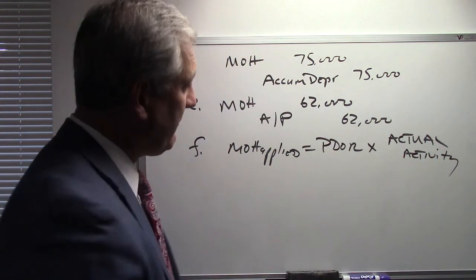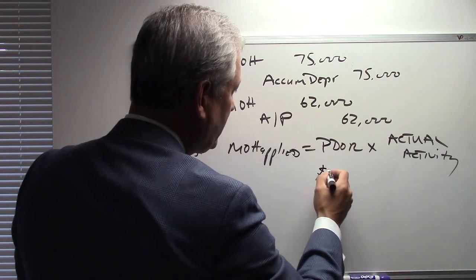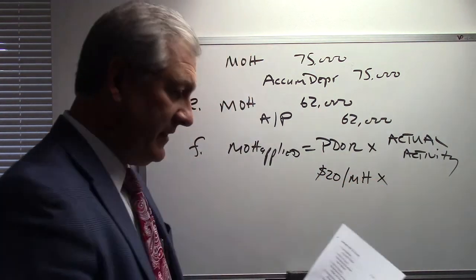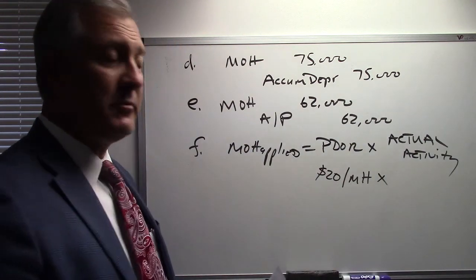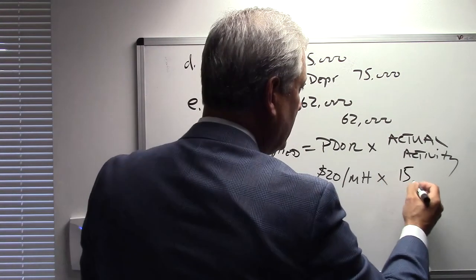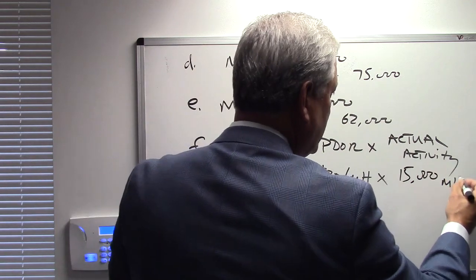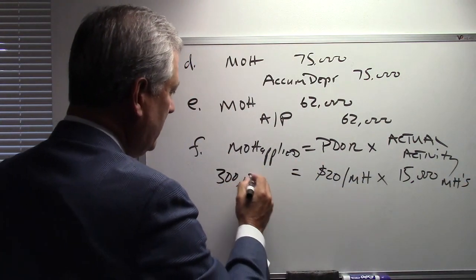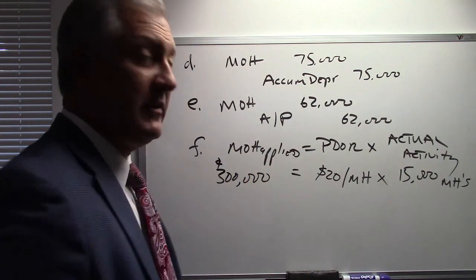And from the beginning of the problem, we knew that the predetermined overhead rate was $20 per machine hour. And they just told us that the actual activity was 15,000 machine hours. Therefore, manufacturing overhead applied is $300,000.